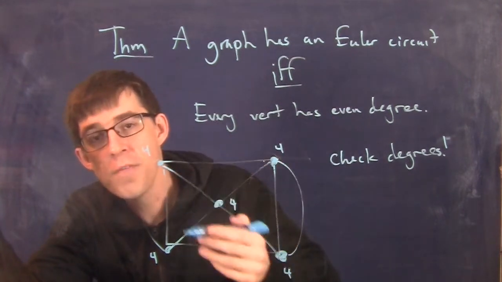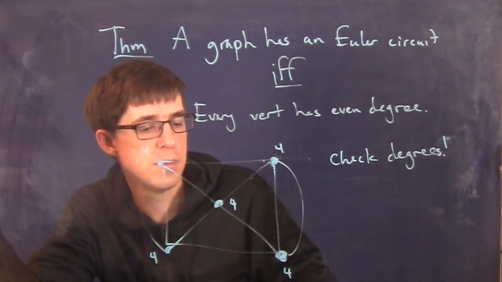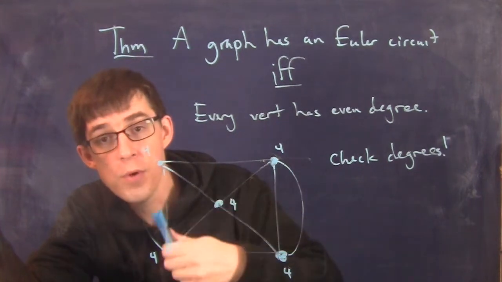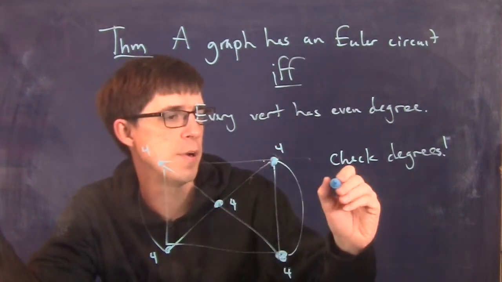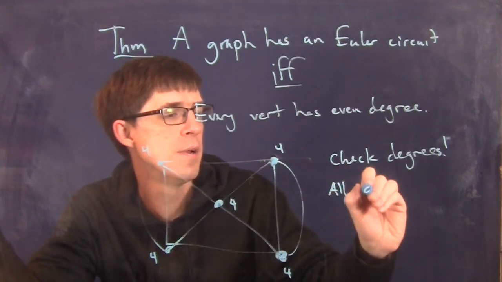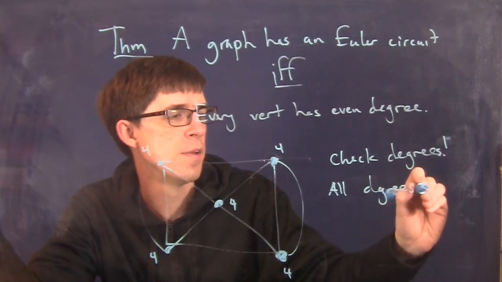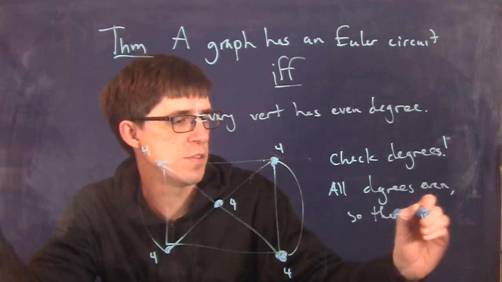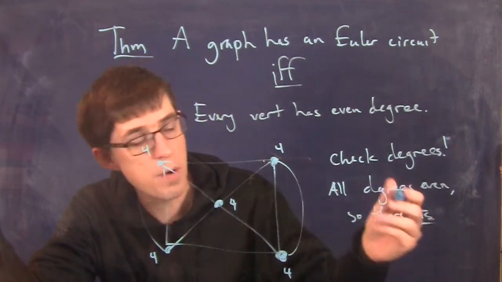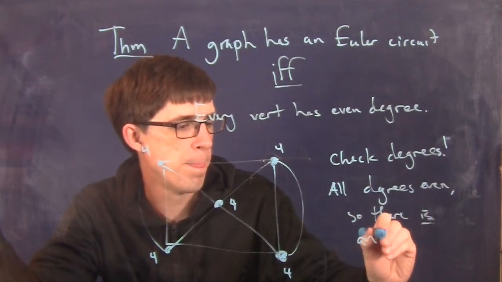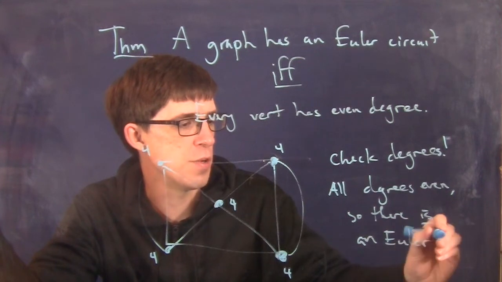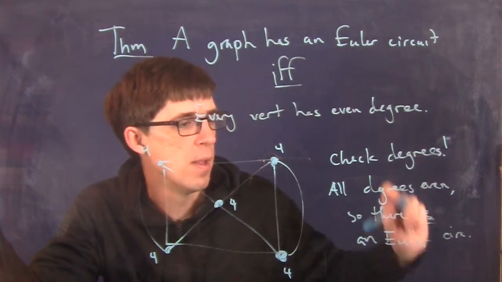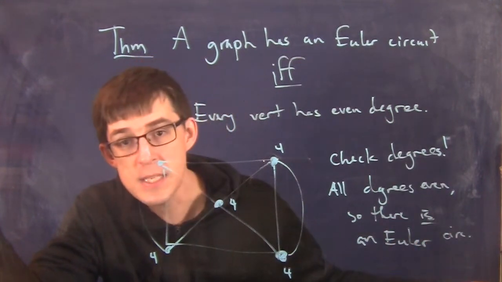Okay, they're all 4, which is, I suppose, a little interesting, but more importantly, they're all even. All degrees are even. So there is an Euler circuit. And we already knew there was because we wrote it down, but I'm trying to show you how to use the theorem. All degrees are even, so there is an Euler circuit.